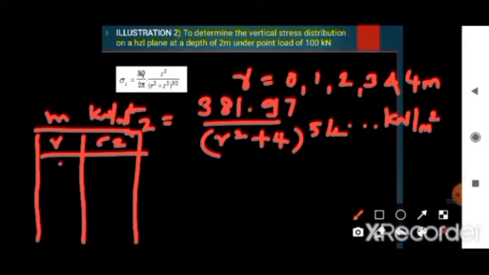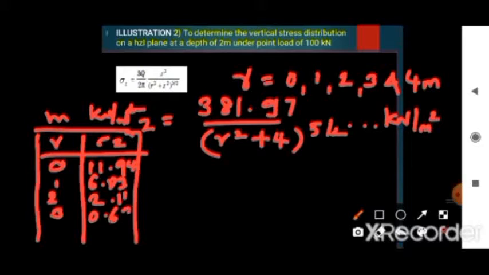If you substitute 0, it is going to be 11.94. If you substitute 1, it is going to be 6.83. For 2, it is 2.11. For 3, it is 0.63. For 4, if you substitute, it is 0.21.